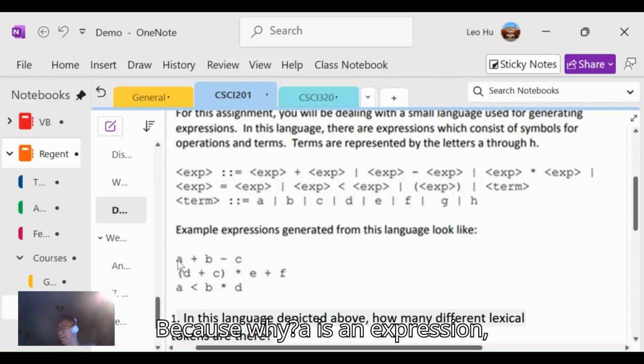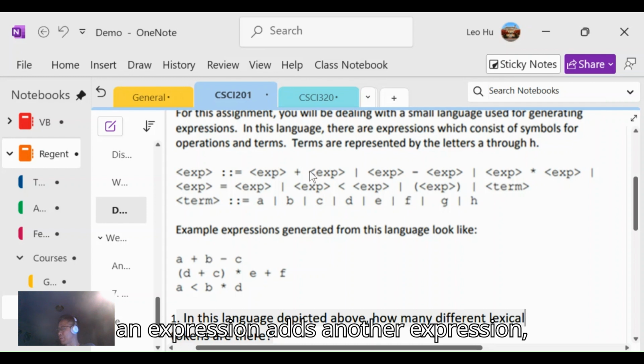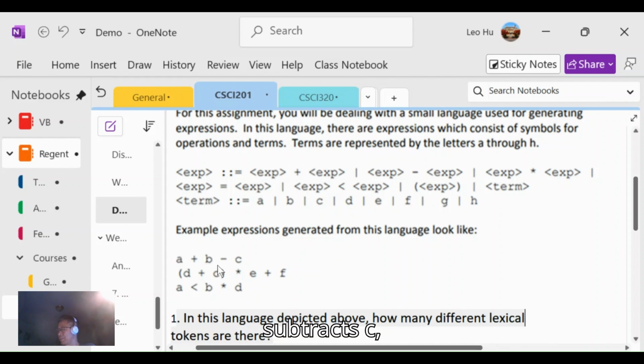Because A is a term, so it is an expression. B is a term, and a term is an expression. So an expression add another expression, that is this definition, and this becomes an expression. And this expression subtract C, which is a term, and the term is an expression.